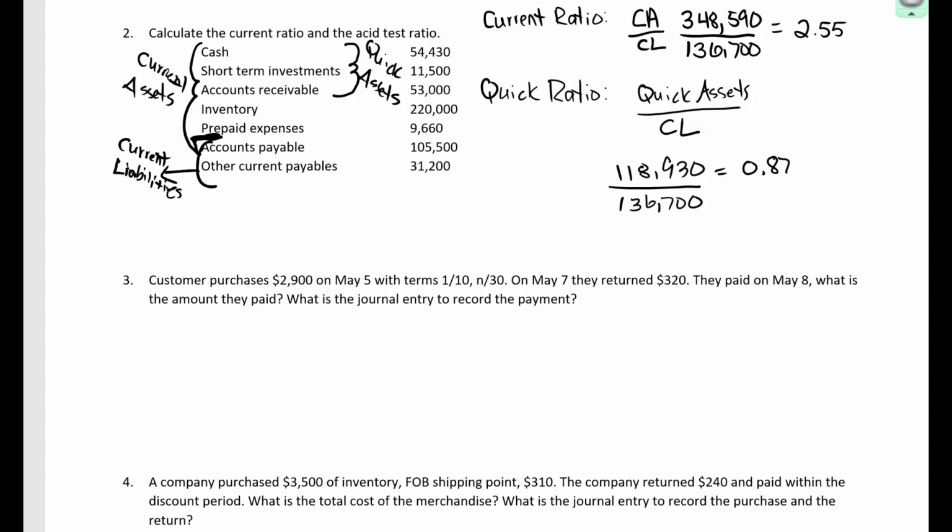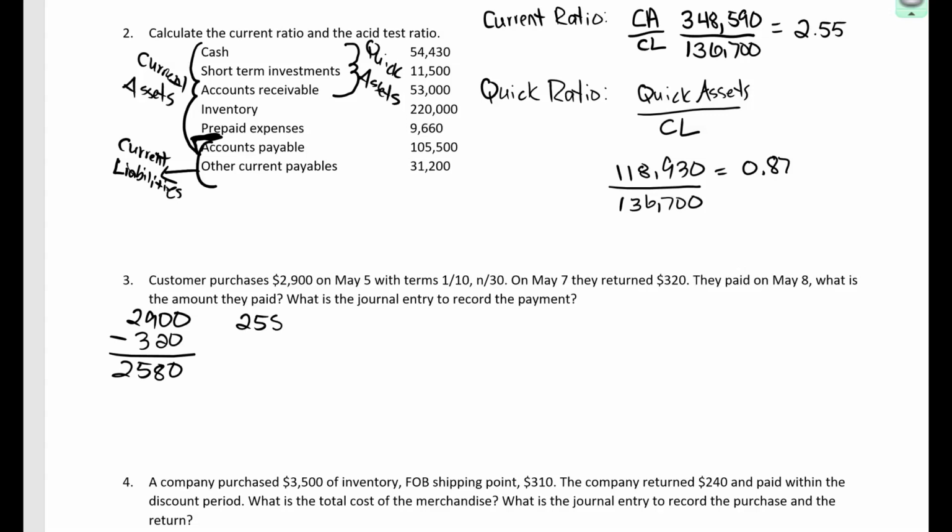So the first thing we're going to do is calculate the return because they paid after the return. We take the $2,900 and subtract the $320 that was returned. So we're only looking at an invoice for $2,580. Now May 8th is within the 10 days, so we're going to take our discount for that.